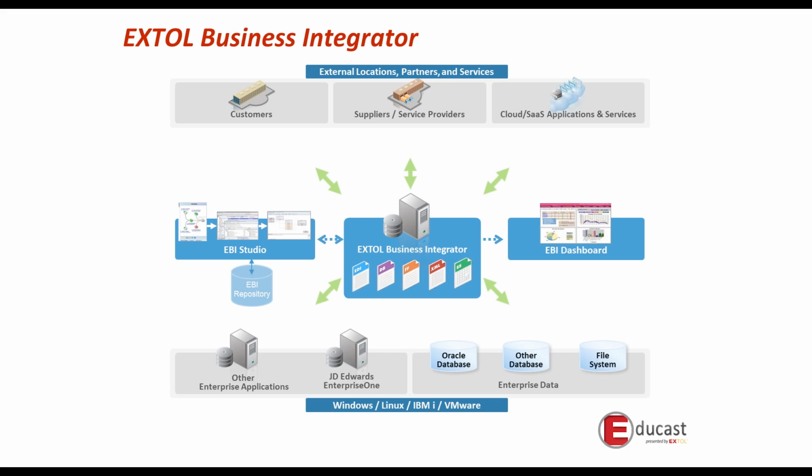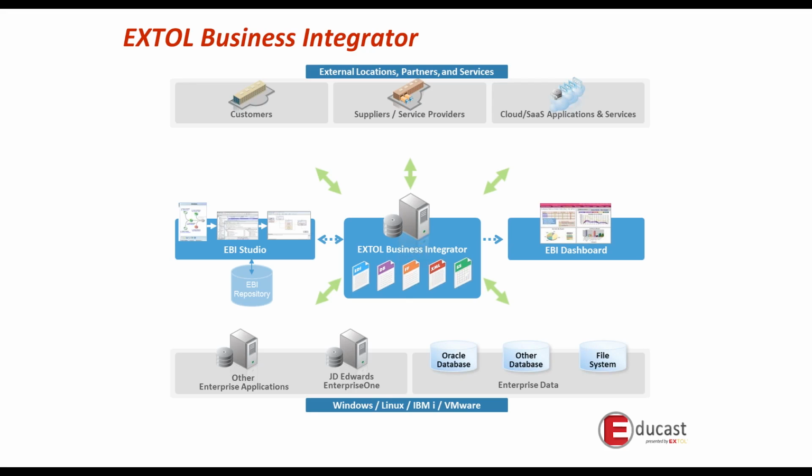Now, we took a brief look at Extol Business Integrator, or again, EBI for short, earlier, in the context of our overall product offerings. This diagram shows the main components of the EBI system and the relationship to internal and external resources. EBI is, first of all, a unified middleware product and tool set for integrating trading partners, applications, and enterprise data in any combination.